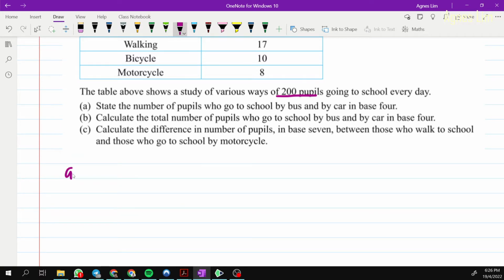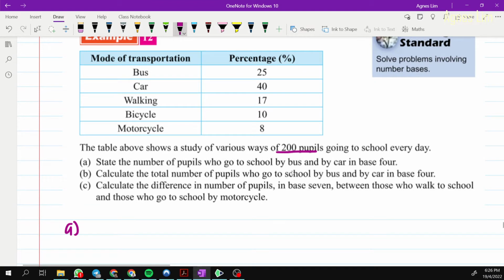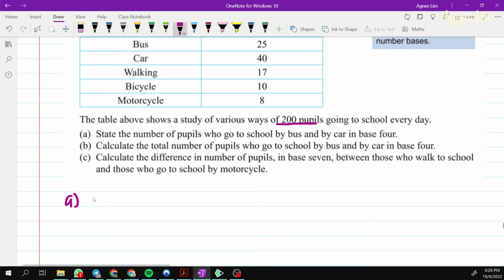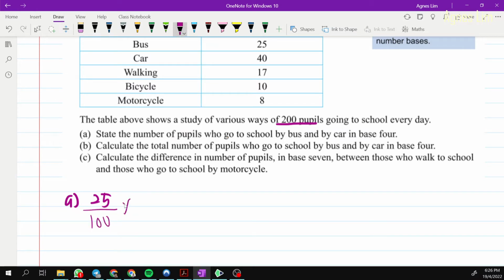This is percentage. The percentage for bus is 25. We need to find out how many students in actual number. So 25 percent multiplied by the total number of students. Where's my calculator? You calculate that one for me.